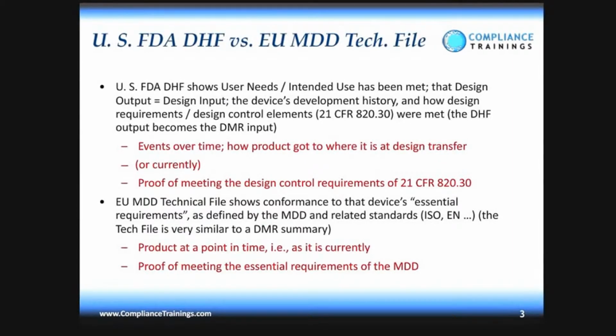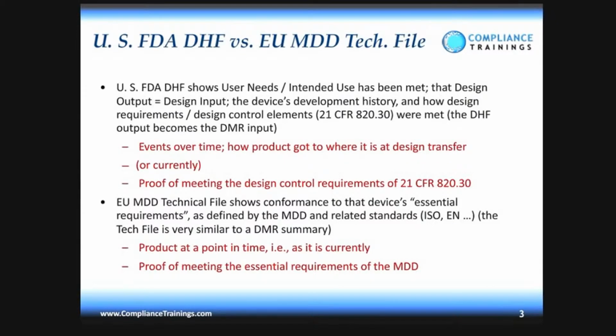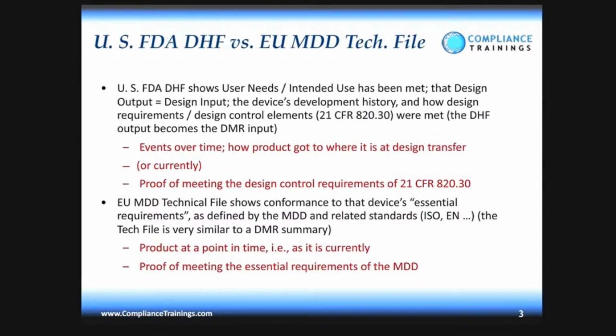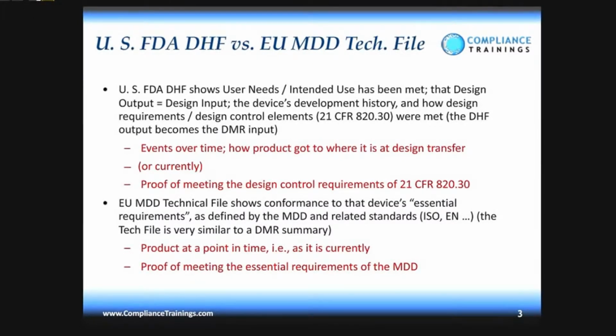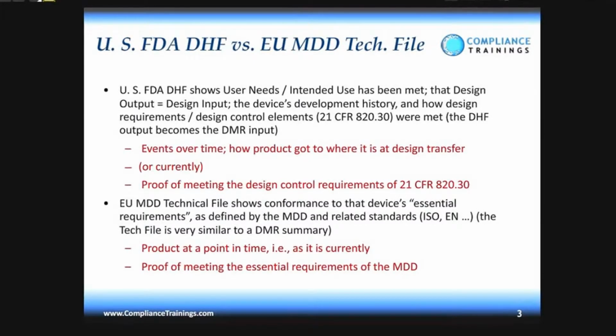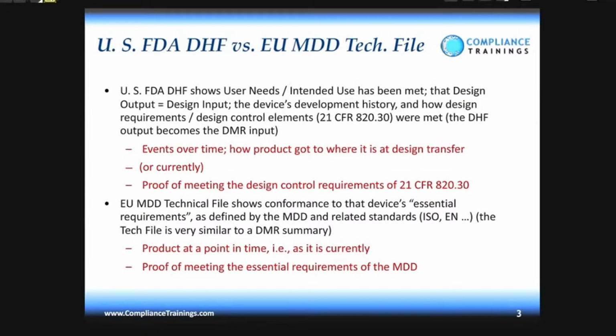In contrast, the technical file/design dossier presents the product as it's being marketed with the current CE mark. So, whereas the design history file shows development history, the technical file shows a snapshot in time. And both of these prove the requirements under the respective regulations have indeed been met.